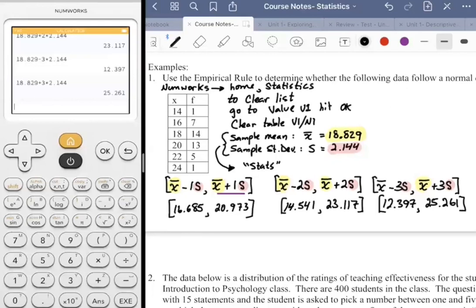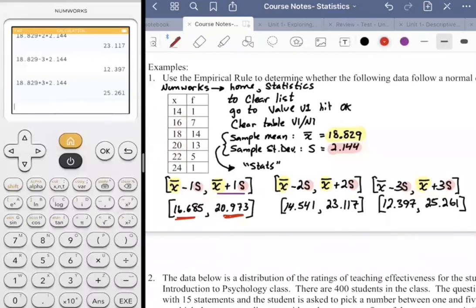So what I want to do, just looking at the X values column here, is take note of which ones fall between these two numbers. I can tell you that 14 is not big enough.